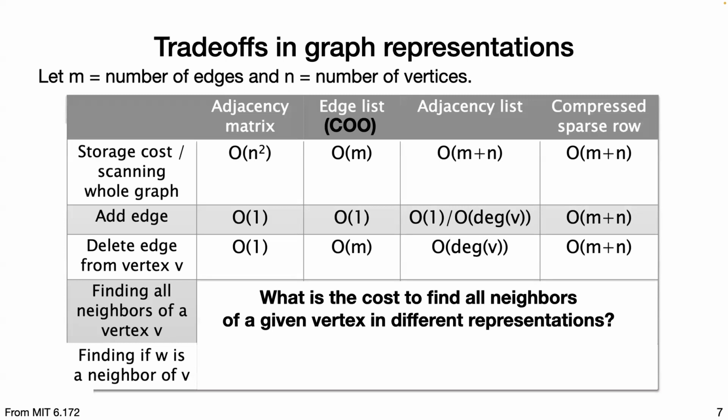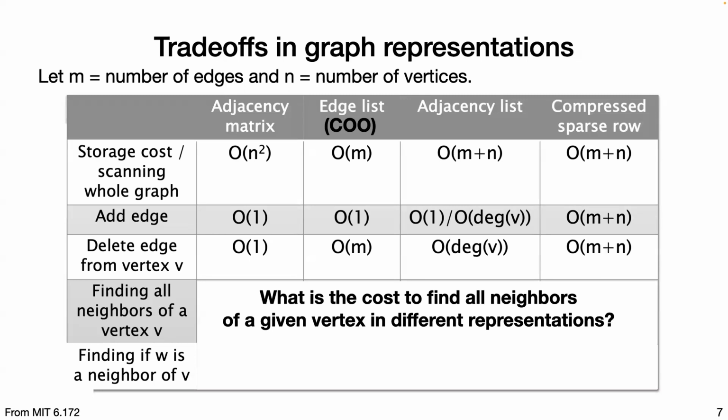For the adjacency list, depending on whether or not you allow duplicates, it can be degree. If you don't allow duplicates, you have to look through the whole thing to see if it's already there. Otherwise, it's O(1) if you can just put it at the end. To delete the edge, it's degree because you have to look through the whole thing. And compressed sparse row, we just talked about it. It's m plus n because you have to shift both the edges and the offsets.